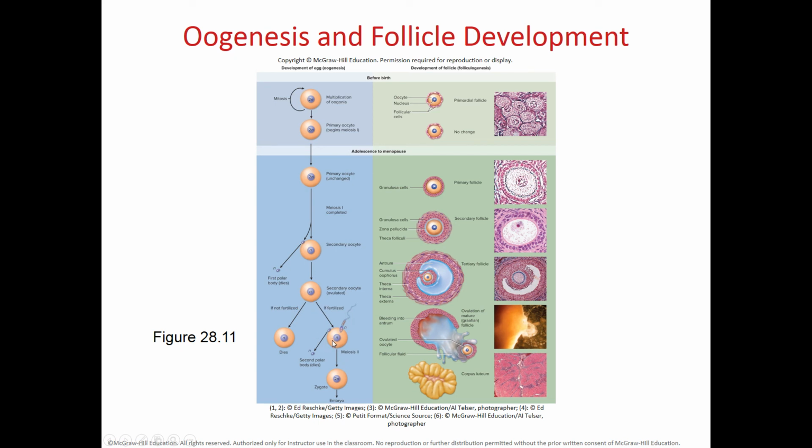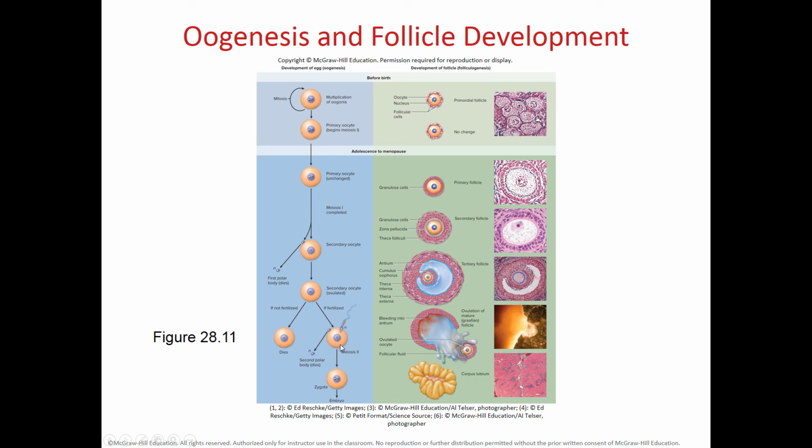Of course, if it's fertilized, it will resume meiosis II. But if not, it will die, similar to a structure that we call the second polar body, which is not going to have the chromosomes. So the first and second polar bodies are not going to have the chromosomes, but the secondary oocytes and the primary oocytes are going to have these chromosomes.